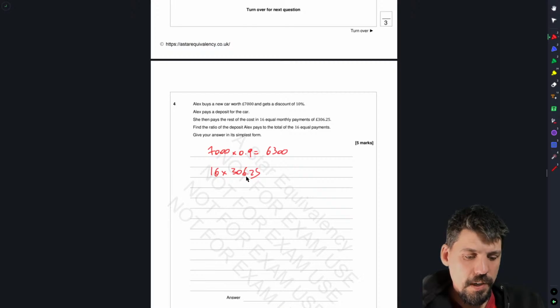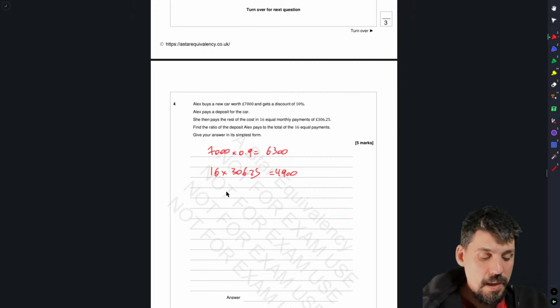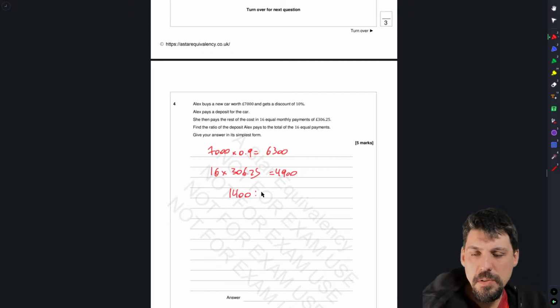And let's try and actually plug it in properly. 4,900. So she paid 1,400. So we want the deposit to the payments. That's 14 to 49, which is 2 to 7.